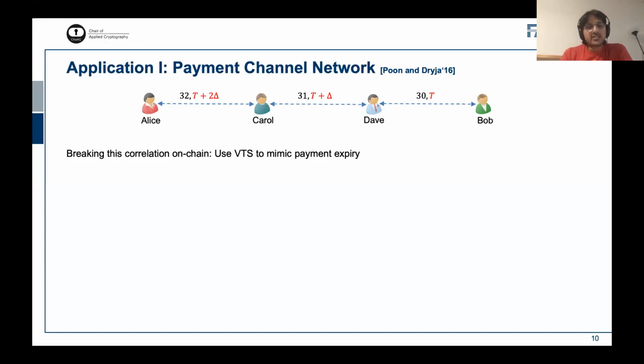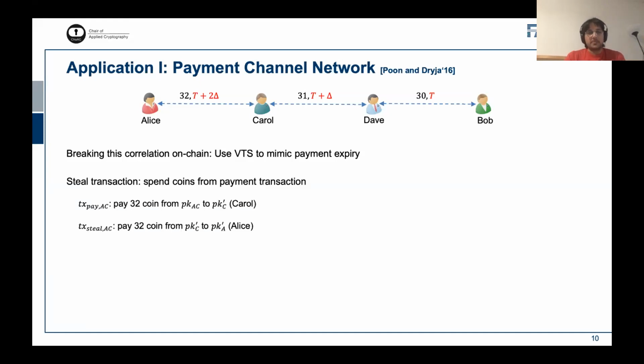So we want to mimic this expiry with VTS. And the idea is to have what is called a steal transaction. This steal transaction is set up in such a way that it spends the coins from the payment transaction, in the following way.